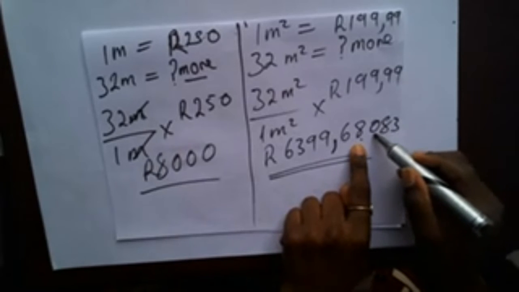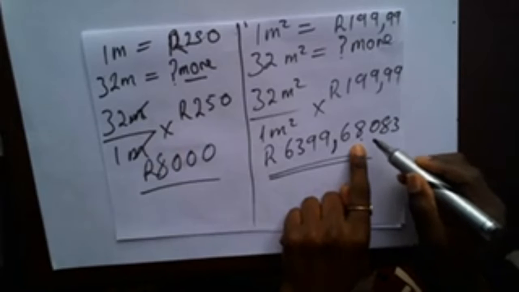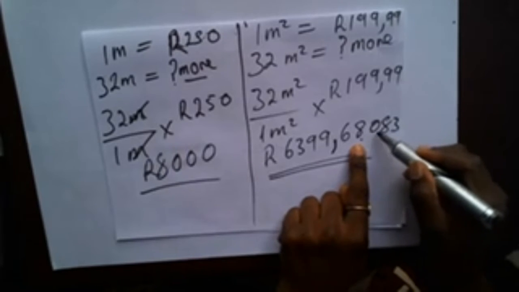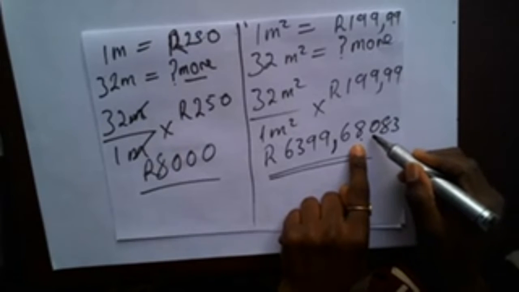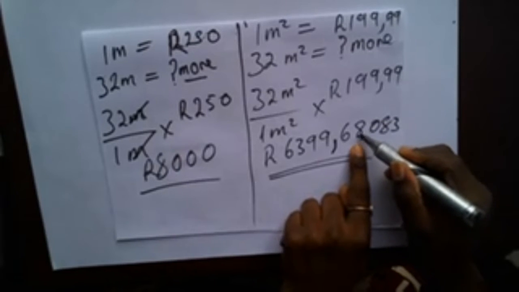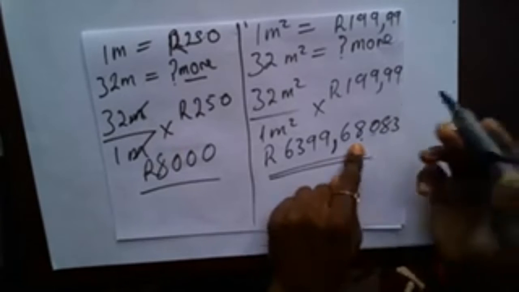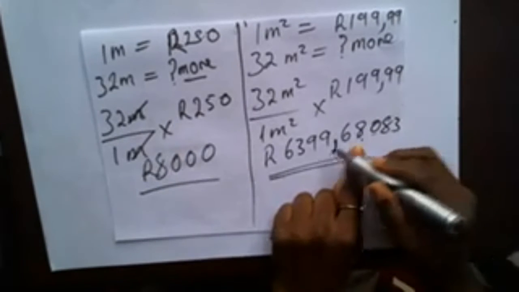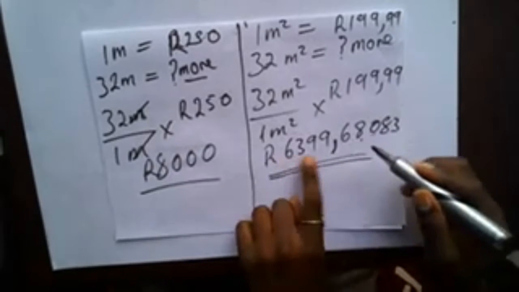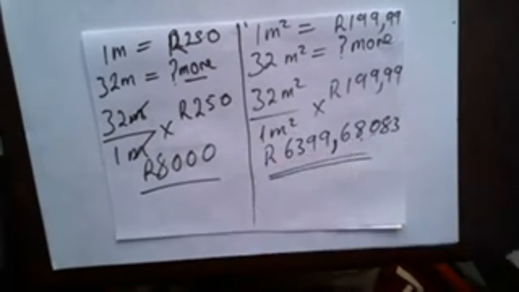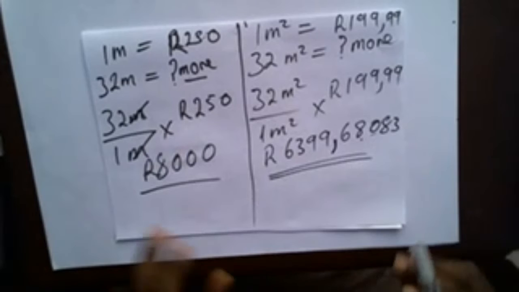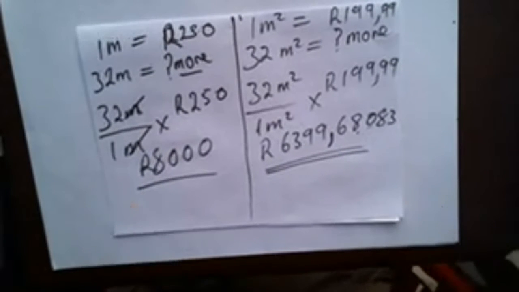If I had a value that was greater than or equal to 5, then I will round this up. I will have 9. If this one was 5, 6, 7, 8, I will have 6399.69 here. I hope you got that one.